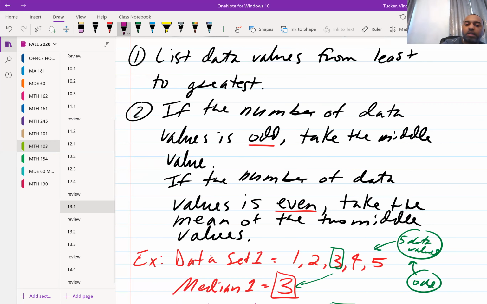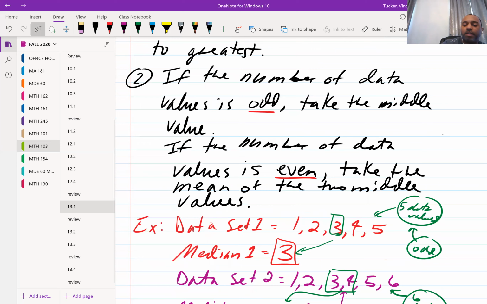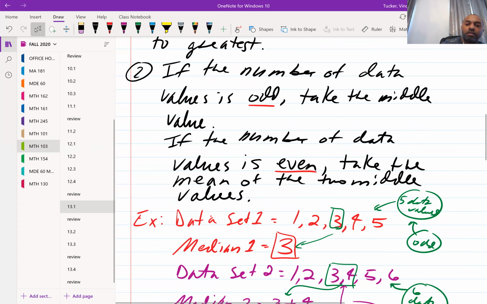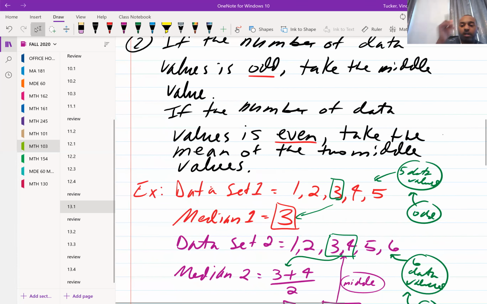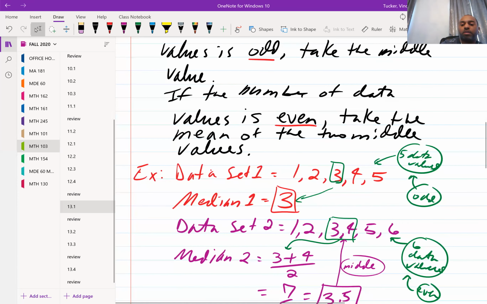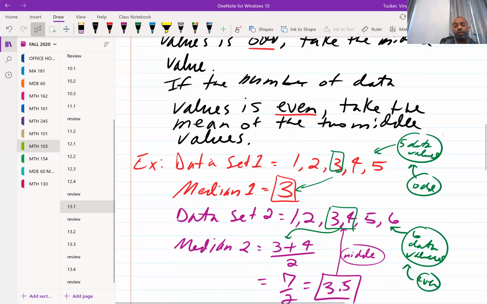All right. But let's say the second data set is 1 through 6. Now I have an even number of data values. So that means I don't actually have a middle value to pick.